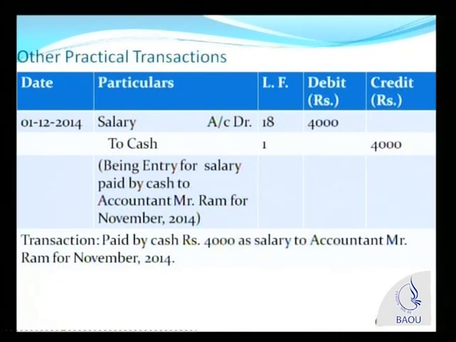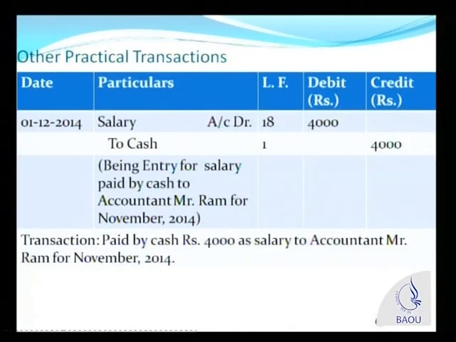Even going by the rule of asset plus, asset minus, cash is your asset. Your asset decreases here because when you pay money, your cash or asset decreases. So when an asset decreases, that asset account is to be credited. Even going by that rule, cash account is to be credited, and therefore we have credited cash account by rupees 4,000.